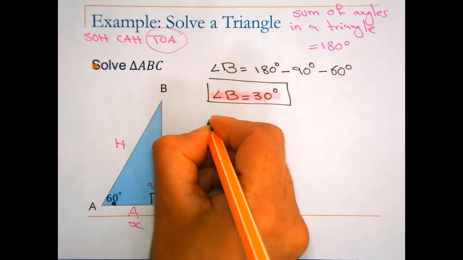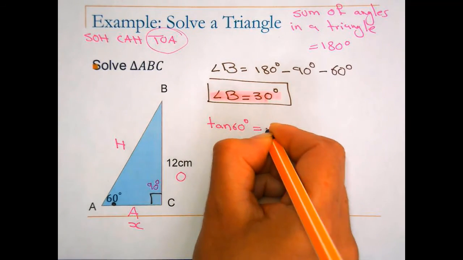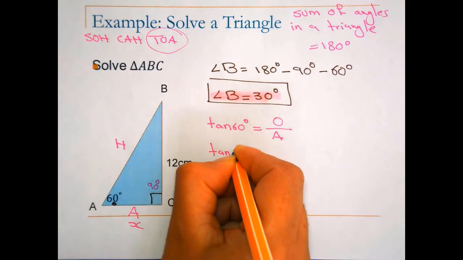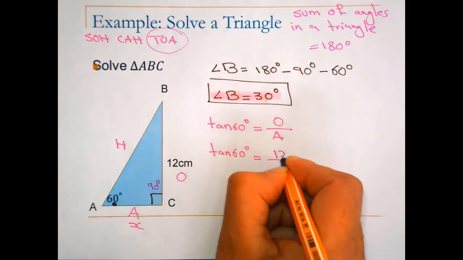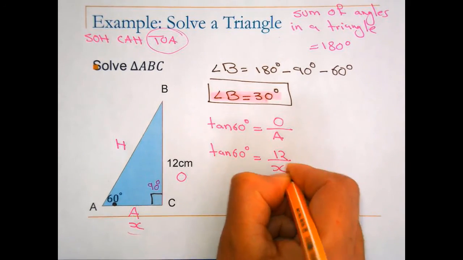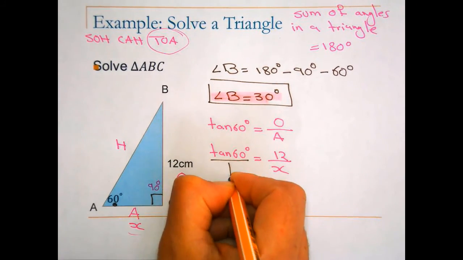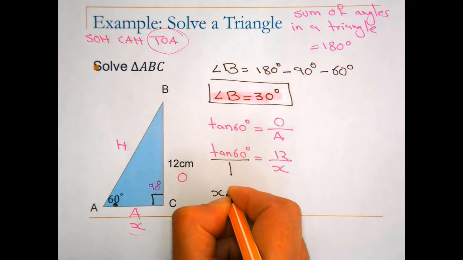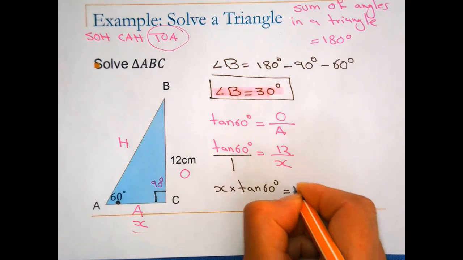So I'm going to set that up. Tangent 60 degrees equals opposite over adjacent. Tangent 60 degrees equals opposite, which is 12, over adjacent, which is what we're trying to find, X. Now we put this over 1 and we cross multiply. So X times tangent 60 equals 12 times 1.